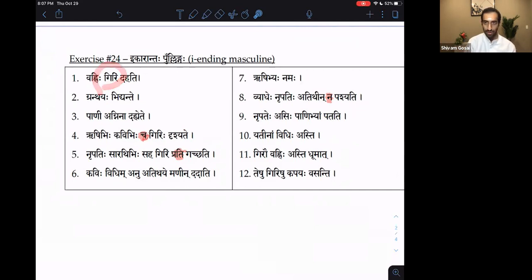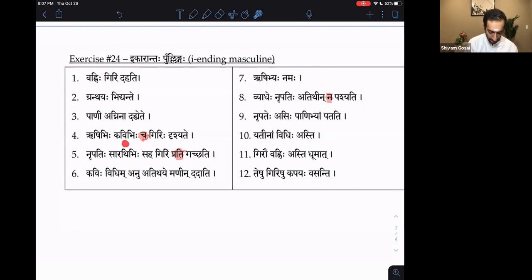So this is girim. There's a little dot there, which you can't see very well, but it's girim. So even in your book, you want to note that it's girim. Girim is what case? So you just want to write the case for the i-ending words. You can put the case for all of them if you want, but the i-ending words especially.